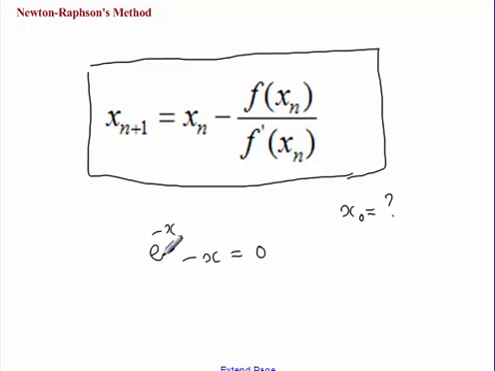Let's check this. In this function, I've got two functions involved here. Here, I've got y is equal to e to the power of minus x. I drew them already before. And there, I'm going to y is equal to x. So let me try to sketch these functions.